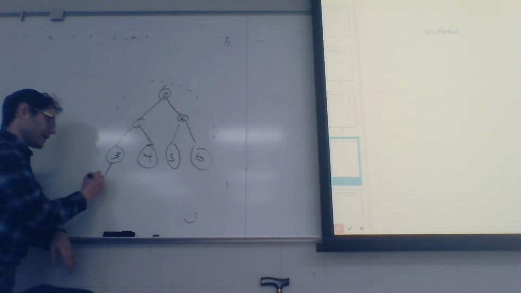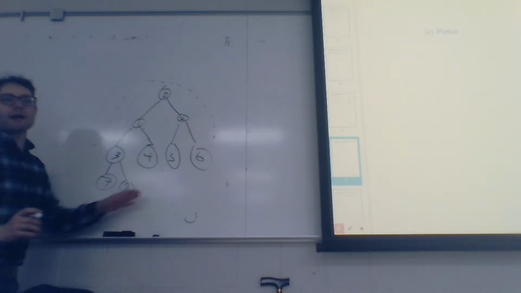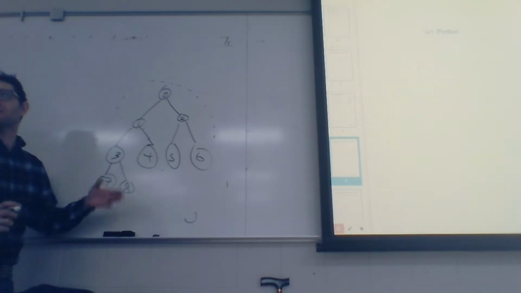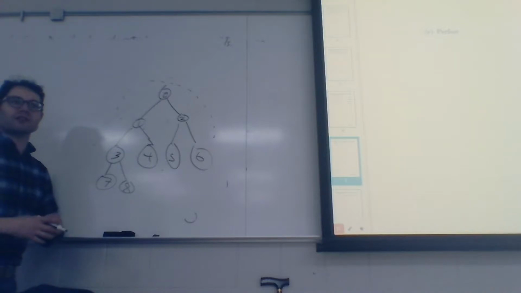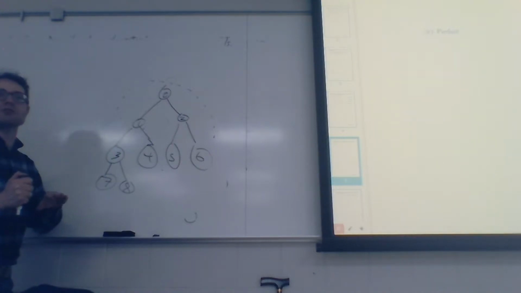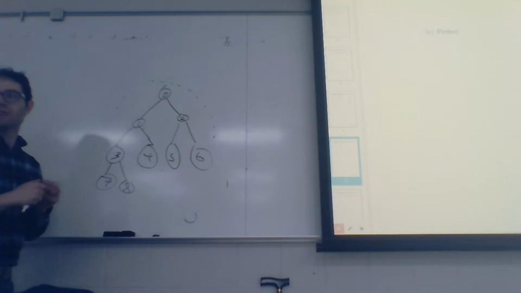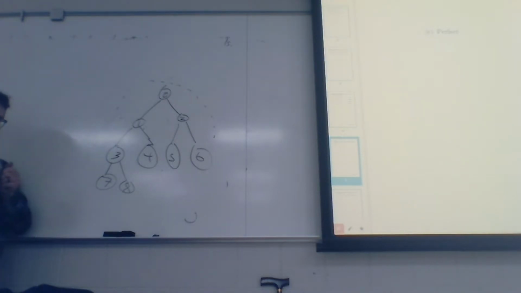This would be index 7, index 8, and so long as we have no gaps, that means we have no null values in the underlying heap. So a complete tree perfectly maps to an array for storing a tree. So that's why it's valuable to have a complete tree.